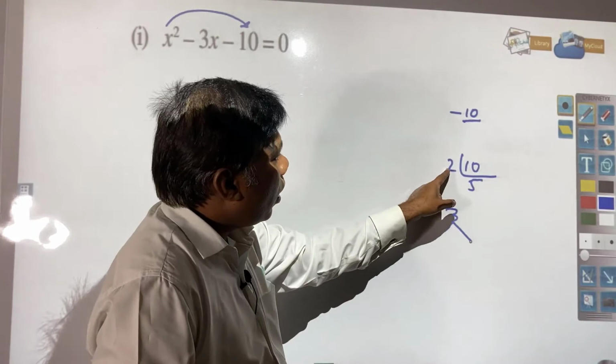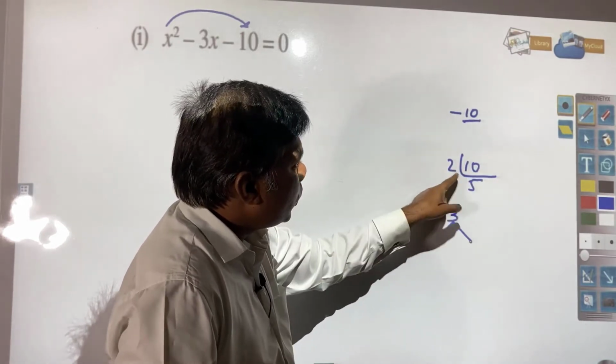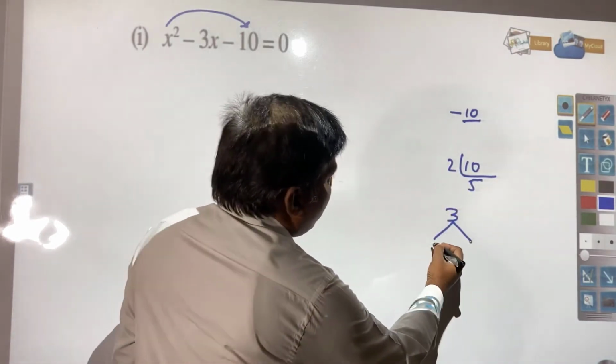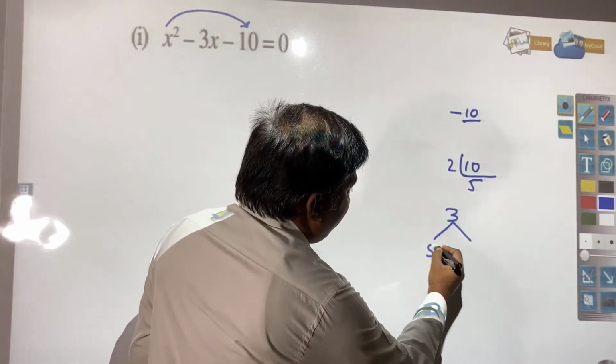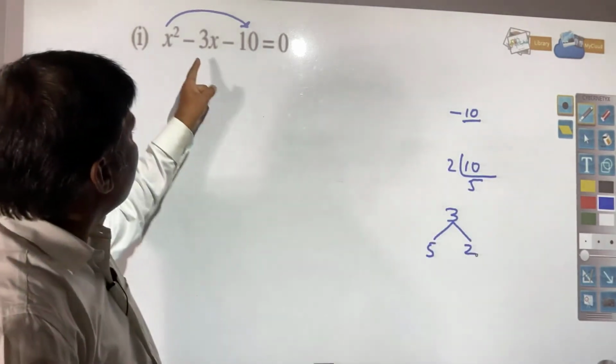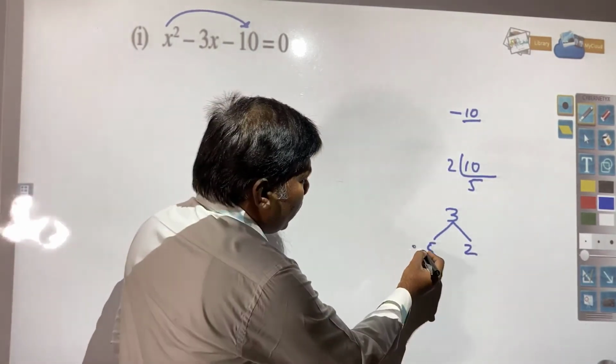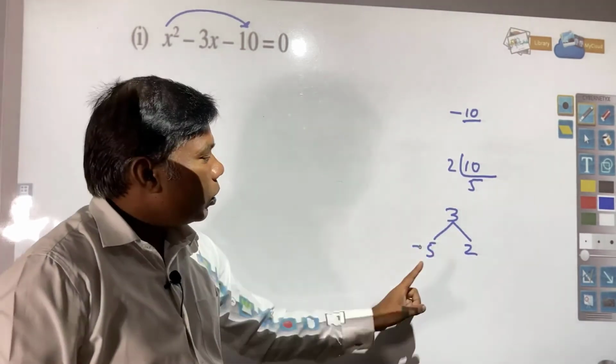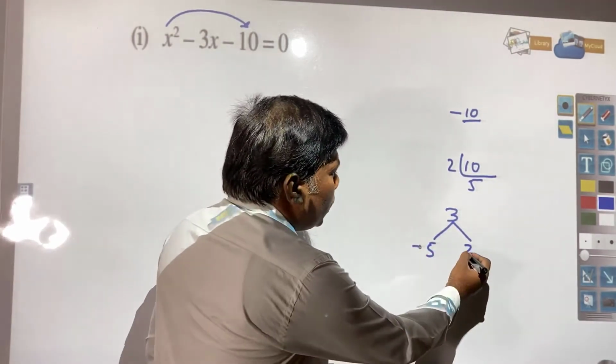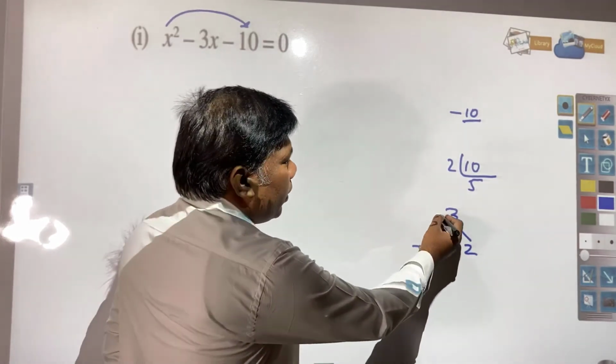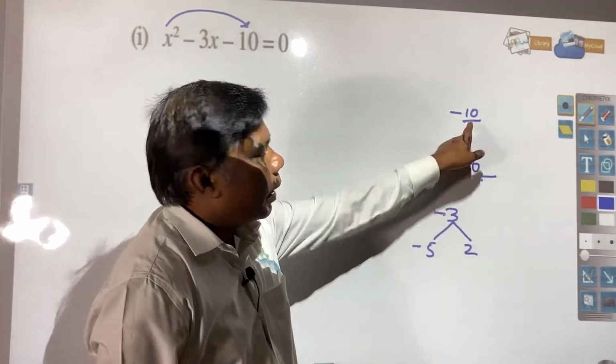So after factorization you have got 2 and 5 as factors. If you write 5 and 2, for minus 3 you need to keep 5 negative. So minus 5 plus 2 you will get minus 3 and product you will get minus 10.